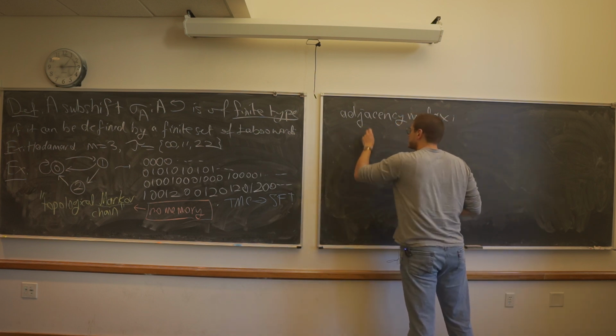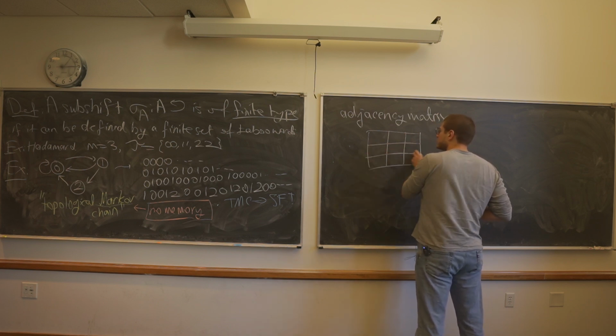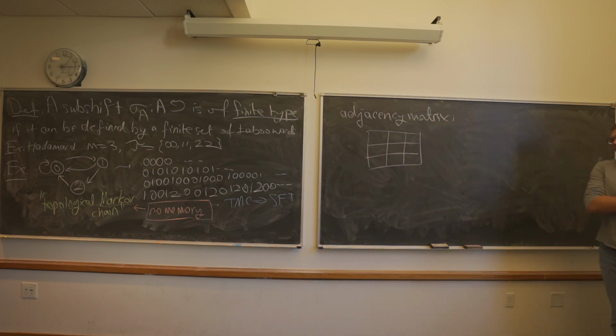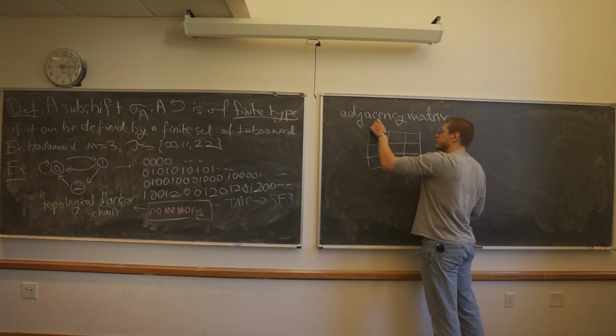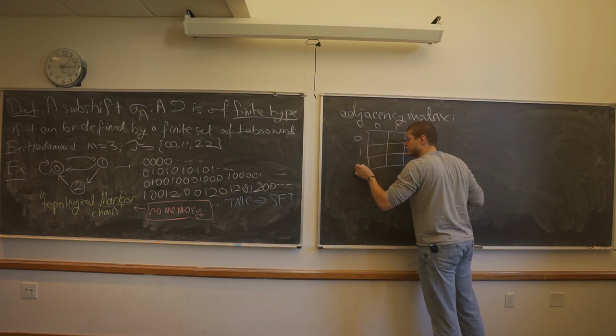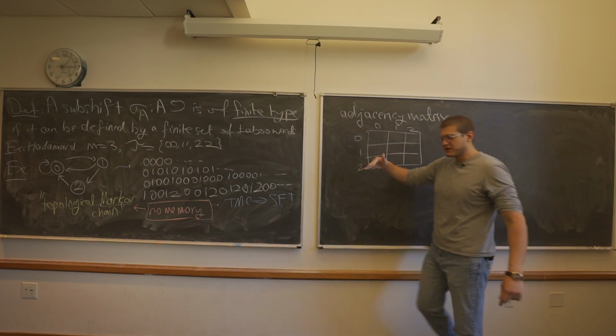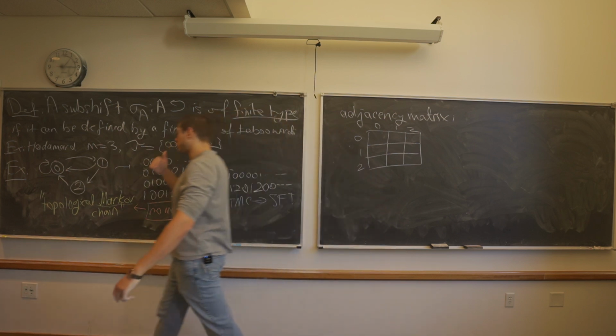So it's going to be 3 by 3, 0th state, first and second state, 0th, first and second. And this adjacency matrix is going to be a 0 or 1 matrix. That is to say, any entry of it is going to be either a 0 or a 1.